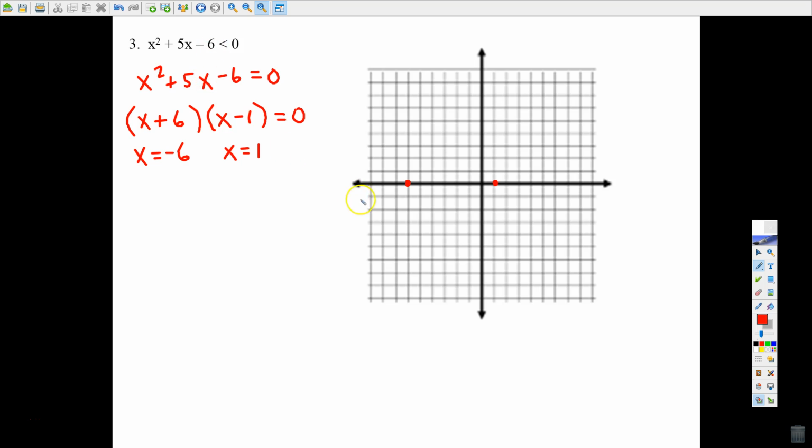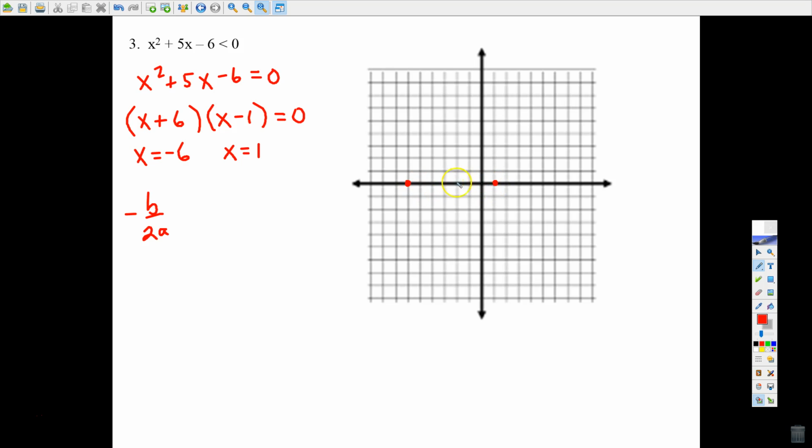So this parabola that opens up has to have a vertex down here somewhere. It's going to cross the x-axis at those 2 points. So let's find out where the vertex is. Once again, you could do opposite of b over 2a. There's no problem there. You could find the midpoint of these 2 red dots.